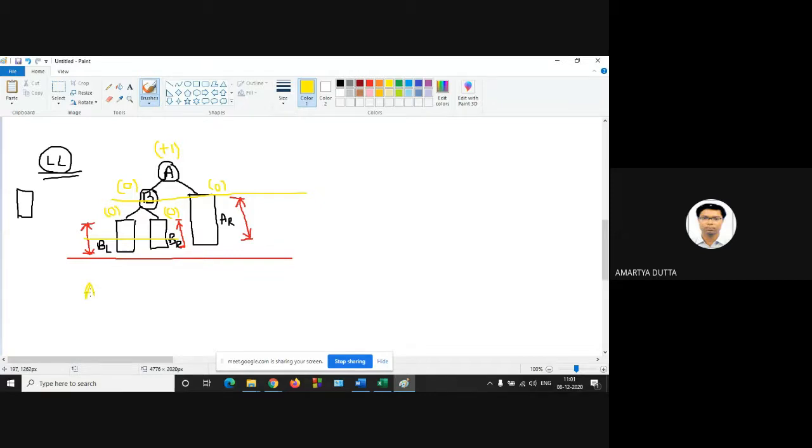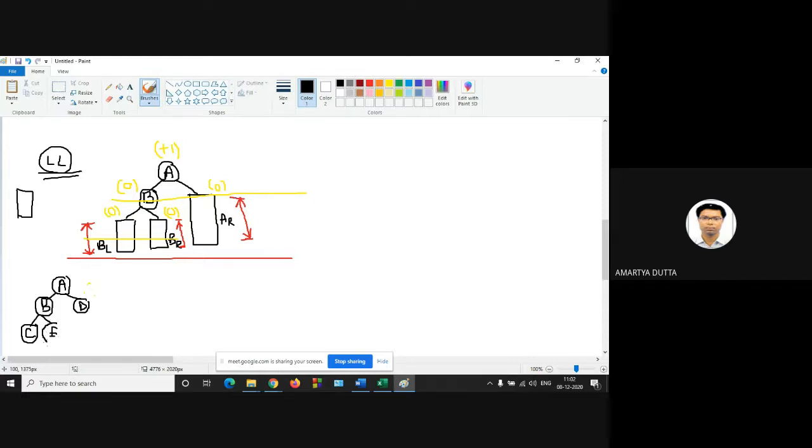This is A, then this is B, and as the right child of A is already a leaf node, let this be D. This is C and let this be E.